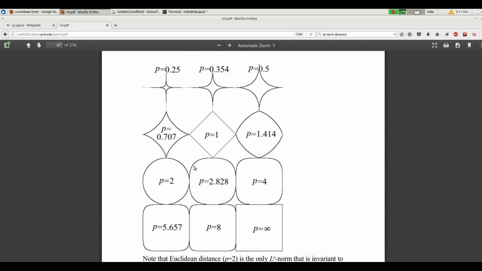If you start going into documents where you've got 60,000 words and you're measuring very high dimensional data, it tends to get closer to p equals 1 or even smaller that yields the best values.